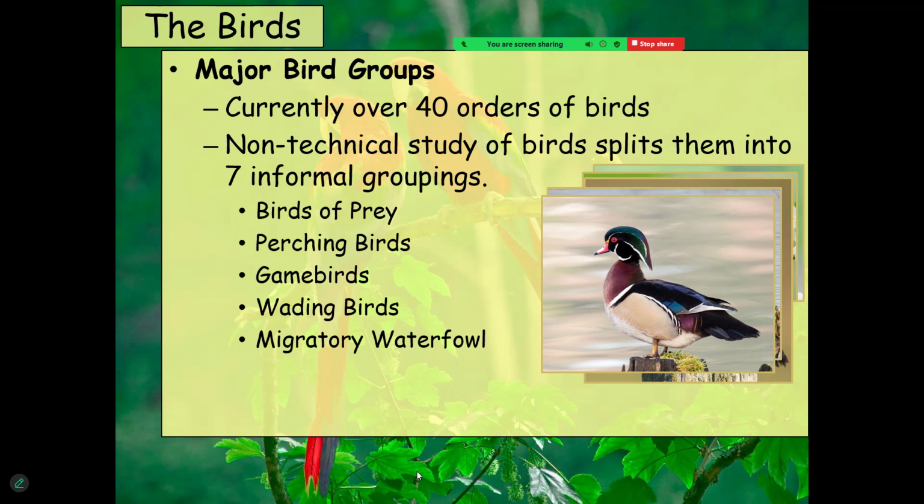Migratory waterfowl. There are two parts to this name. Migratory means that they do not, as a generality, stay in one place. They spend different parts of their lives in different areas. Waterfowl live around bodies of water and get their food from them.